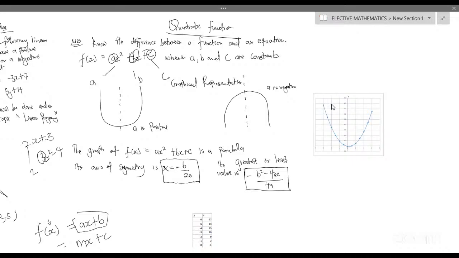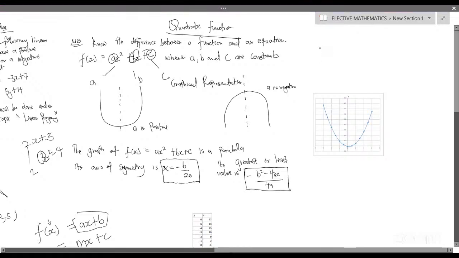Okay. So let's start. As I said earlier on, a quadratic function must be in this format, ax squared plus bx plus c, where a, b, and c are all constants, right? This one is the coefficient of x squared, this one is the coefficient of x, and this is the constant. They are all values.